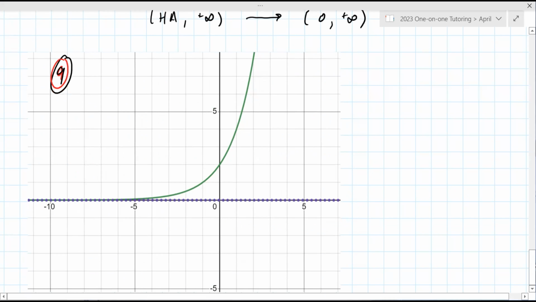It's a bad color. y equals 0 is again the horizontal asymptote. And why is that? Because this is 2 to the x plus 1, and there's nothing written off to the right here. It's +0, and that's why y equals 0 is the horizontal asymptote. Whatever is written there is that.